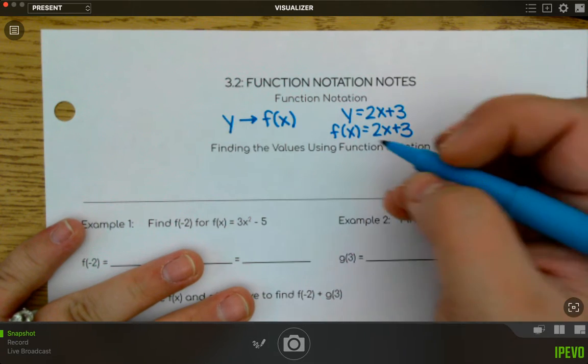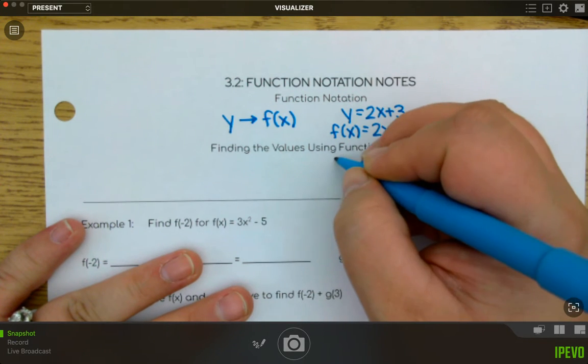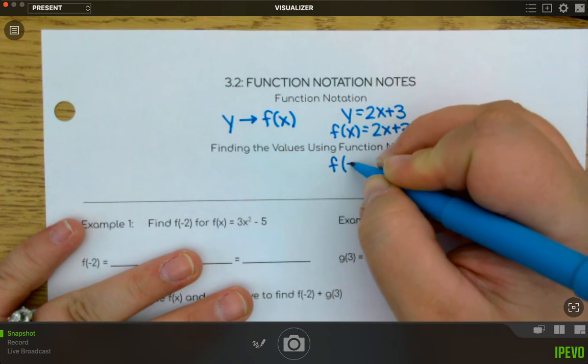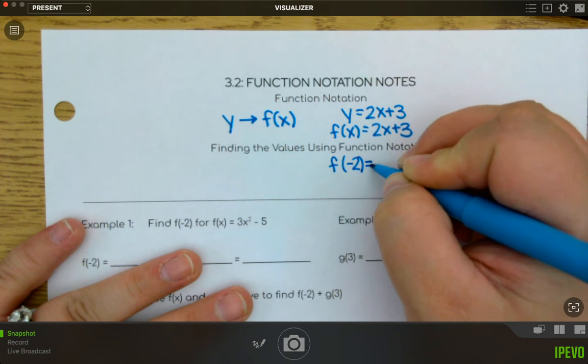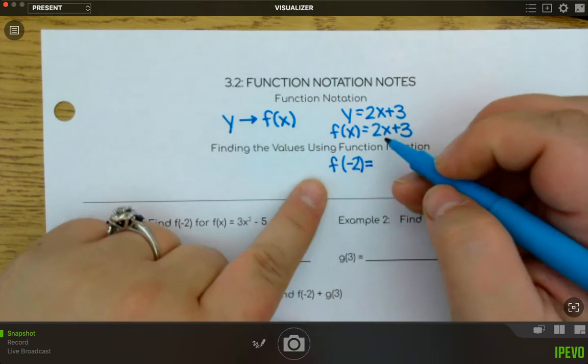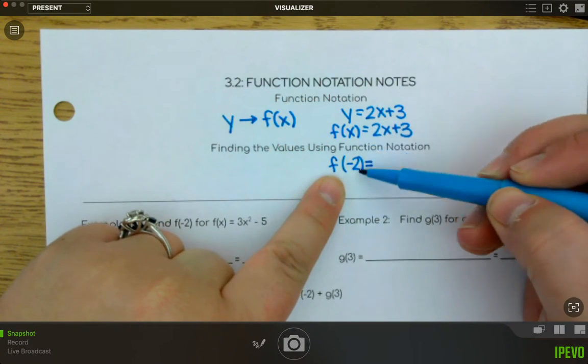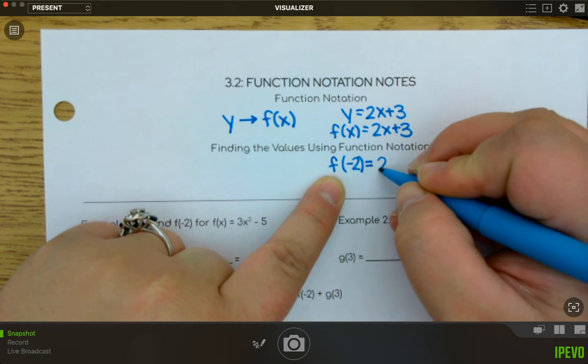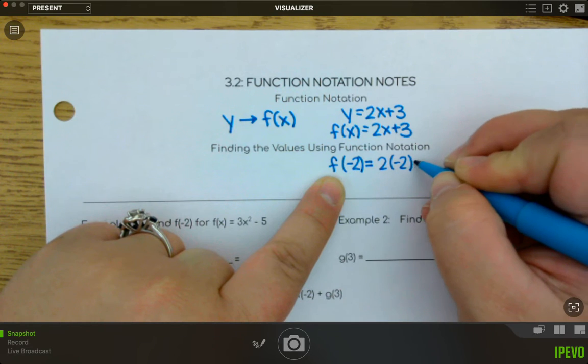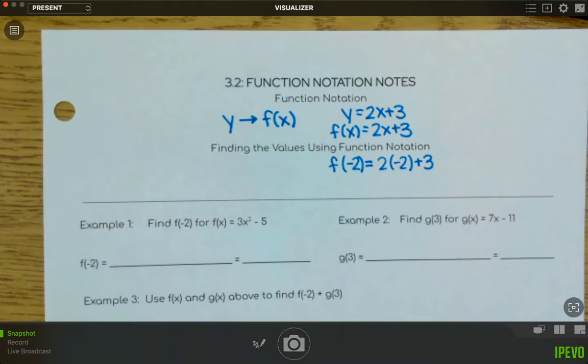So for instance, in this example up here, f of -2 would be, let's take a look really quick. See how the only difference is that x has become -2? Well, you do the same thing on the other side. x becomes -2, and then you plug that into a calculator.